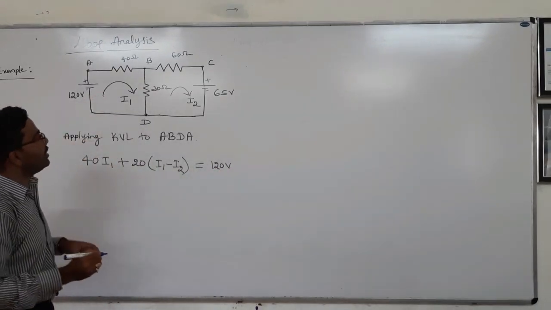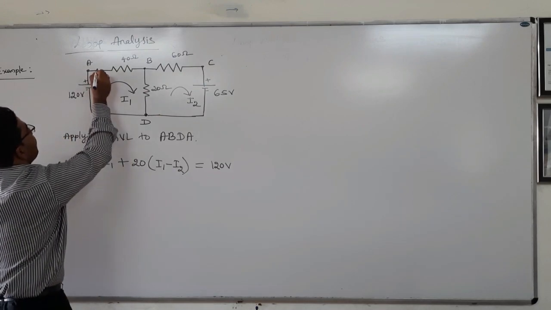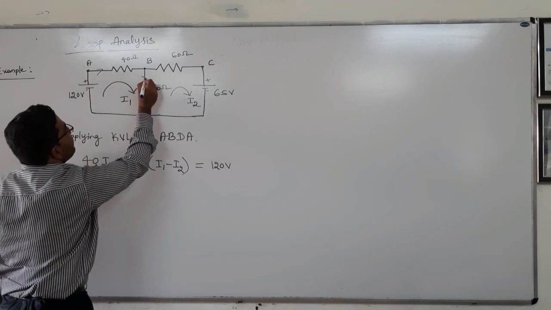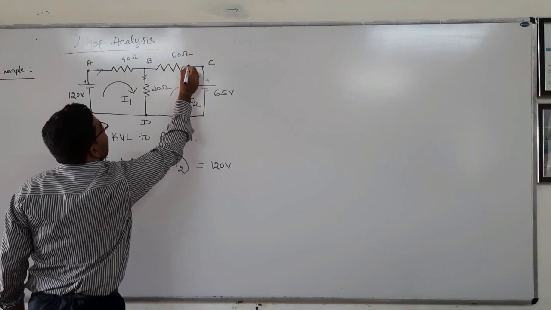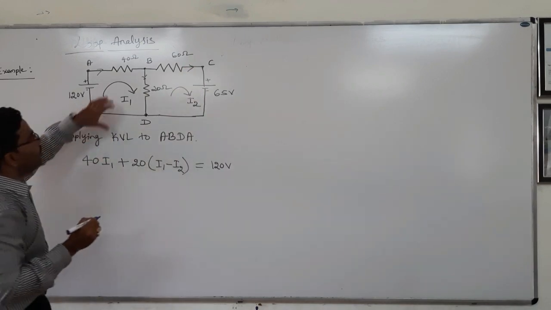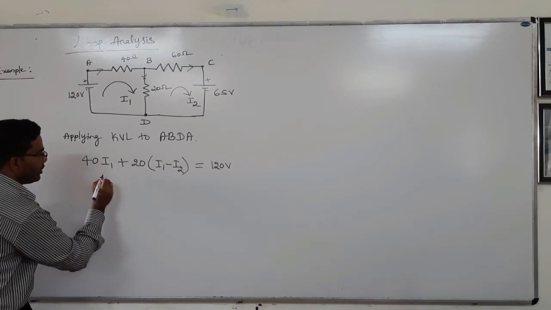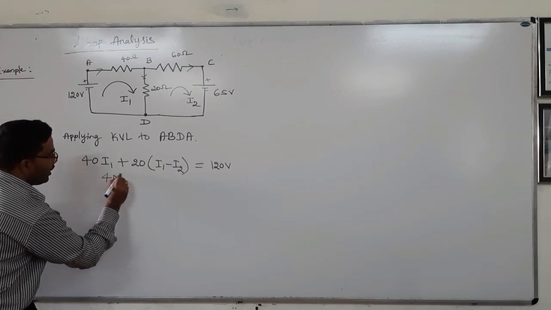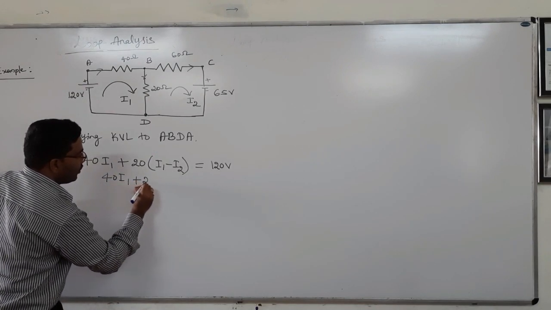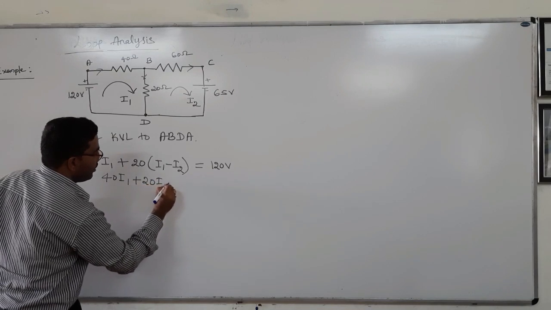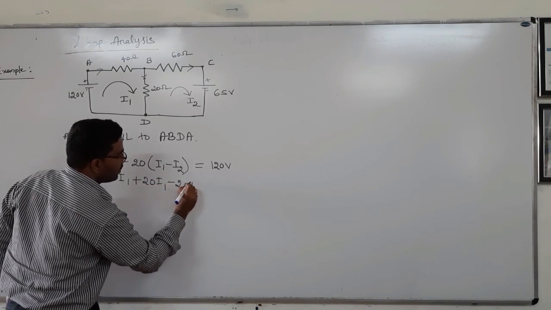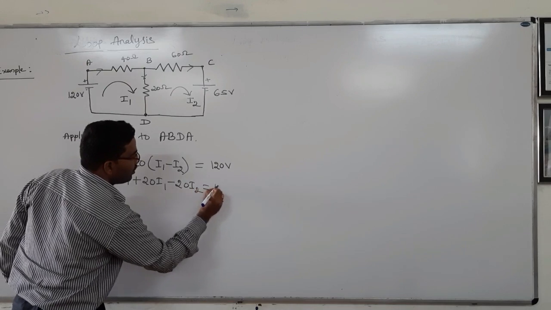Here I have considered the current in the clockwise direction. So in the first loop I have considered the current is flowing in the clockwise direction. Then simplify this equation. Then 40 I1 plus 20 I1 minus 20 I2 equal to 120 volt.